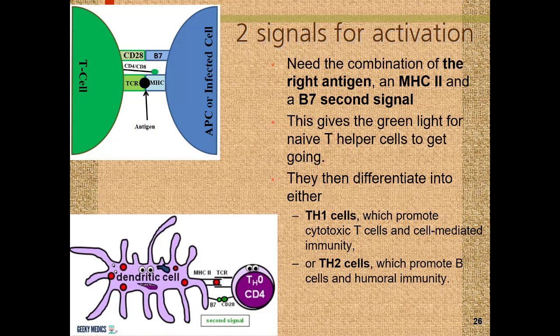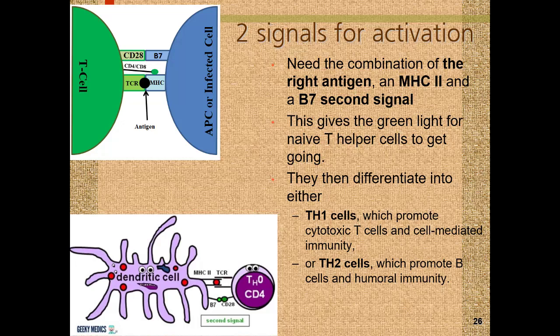T helper 1 is going to be most involved in cell-mediated immunity and activating the cytotoxic T cells. This is most important, again, for controlling cancer cells, killing them, as well as destroying viral infected cells. In other words, antigens, pathogens inside of your host cells.